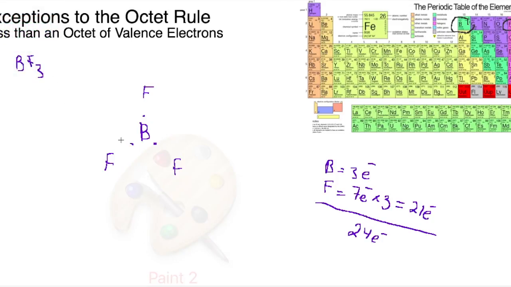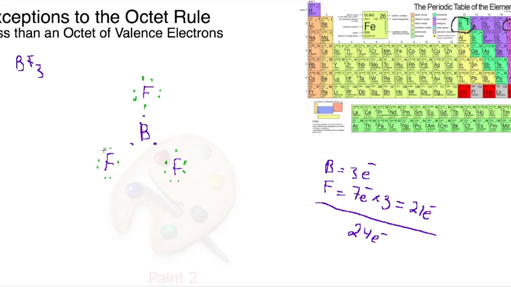Fluorine has 7 available, so I'm doing 2, 2, 2, and 1 around each one of them. If we have to change them around, we can erase and start all over. So I've got a total of 7 for each fluorine and 3 for boron, so I think we've got it handled.